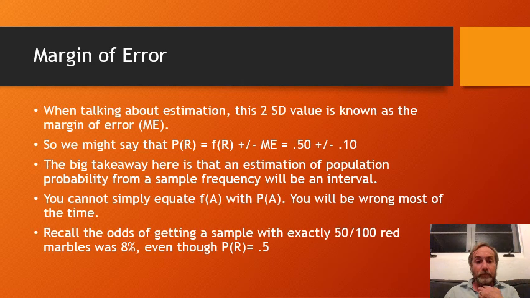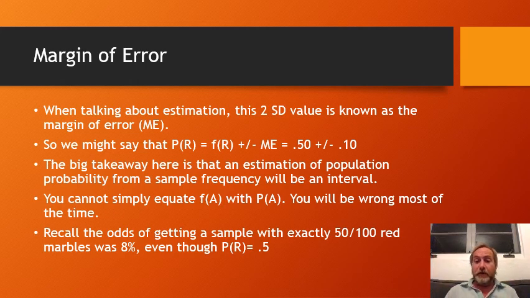So the big takeaway here is that when we're talking about estimation, when we're taking a sample and then trying to work backwards to some probability in the population, we're going to be dealing with intervals, a range of values.